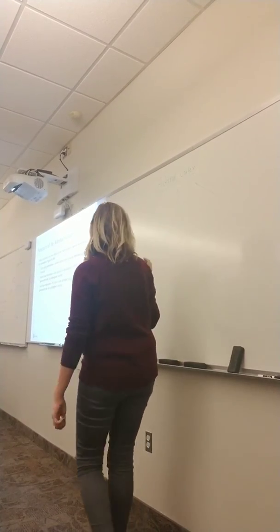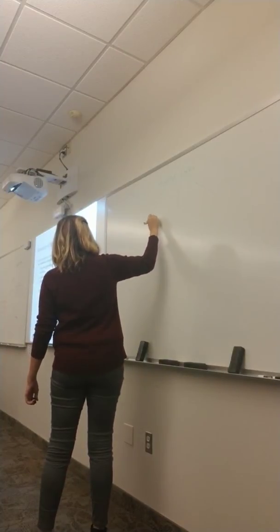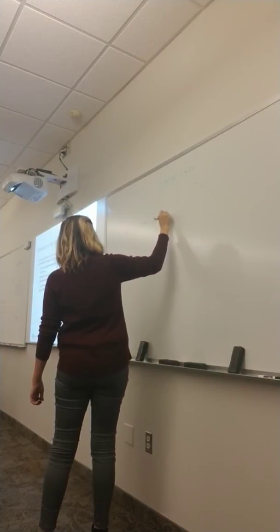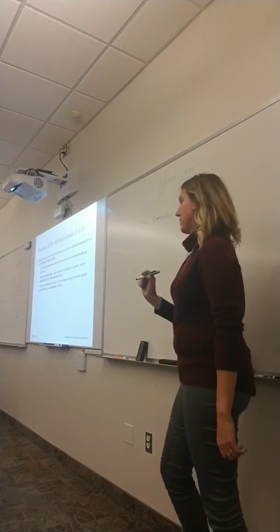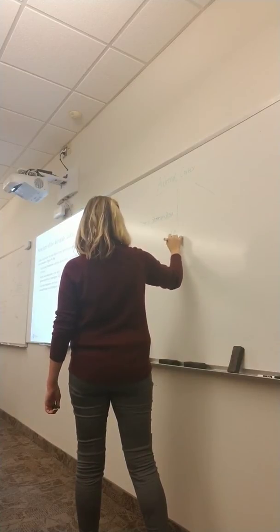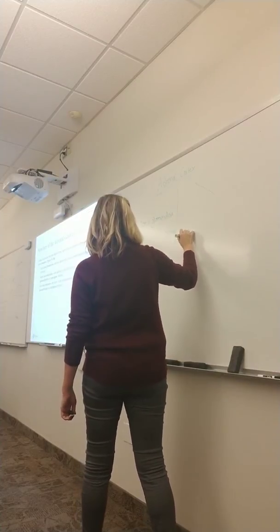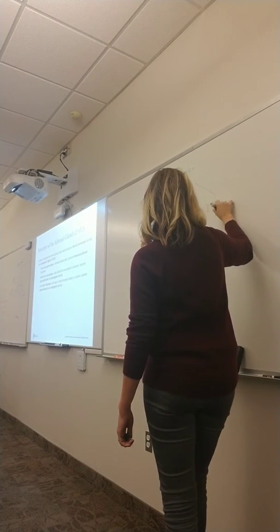This is all part of our histology. It has something called the zona glomerulosa, which sounds like a Harry Potter spell to me. And then the zona fasciculata, and then the zona reticularis.